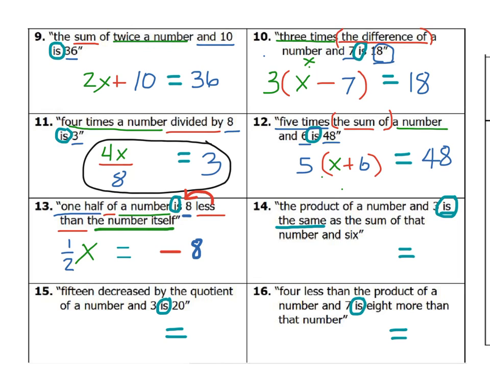It wants you to understand that this is the same unknown number, so we need to use the same variable that we used before. I chose to use x, so I'm going to continue to use x. All right, and that's the answer for that one. It now is an equation with variables on two sides.